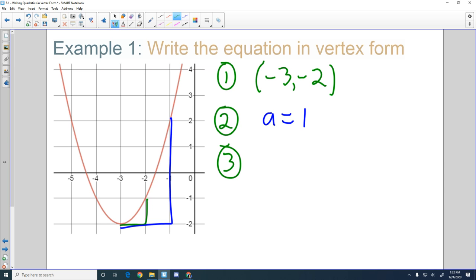Step 3, is this parabola flipped? It's flipped up. Well, that's the standard position, right? That's the parent function position, opening upwards in the positive direction. So we don't need to write anything. It's not flipped. Well, this is an easy problem, right? Thought you were going to give us a challenge.